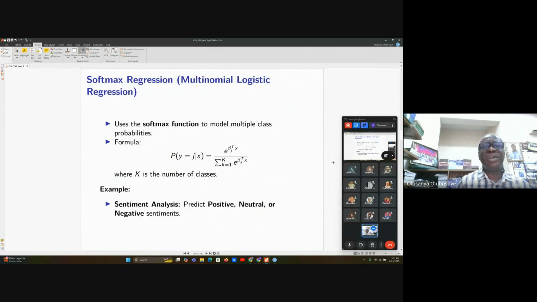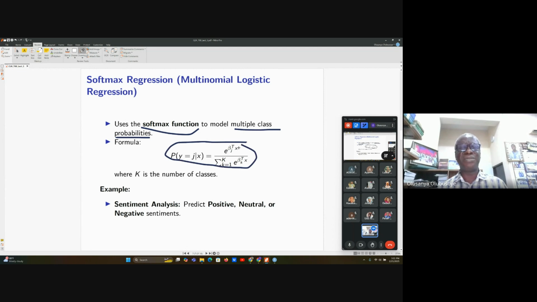You can also use Softmax regression, which we are also not going to use. This one is used for modeling multiple class probability. It's just for your notes, not that we are going to employ it. You use this if your sentiment has 3 categories, positive, neutral, or negative.